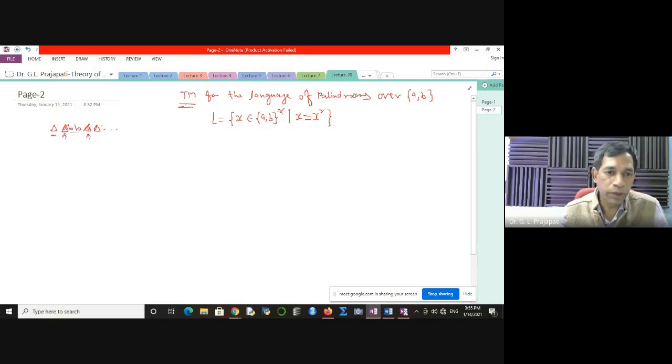You are keeping two fingers at the two ends, matching the first symbol with the last, the second symbol with the second last, and so on. This is the way you can match, and your Turing machine will jump from the beginning to the end, then from the end to the beginning. Now we construct the TM for the language of palindrome. So how do we construct it?